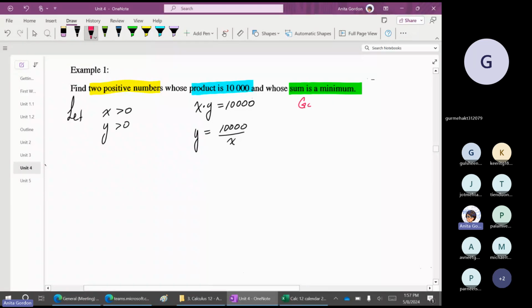Our goal is for the sum of x plus y to be a minimum. What else can I do? What equation are we analyzing?